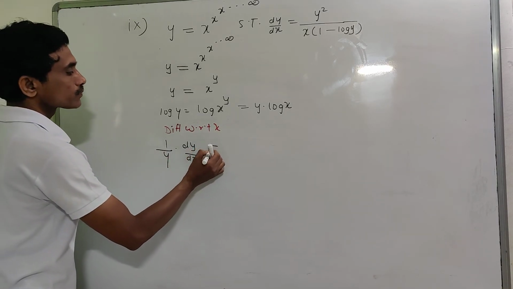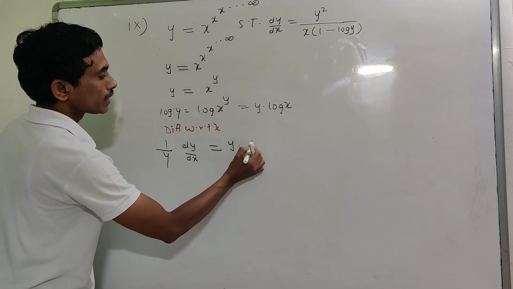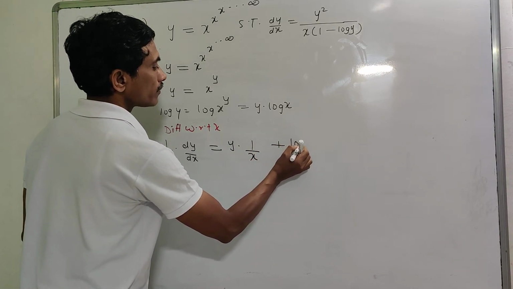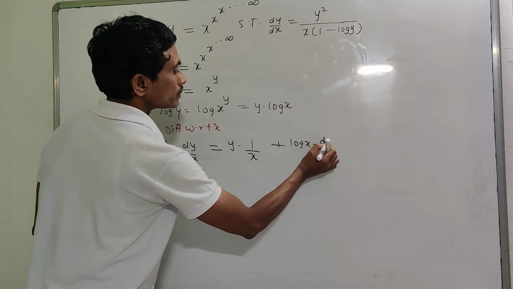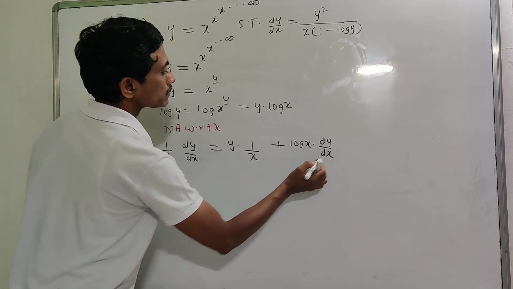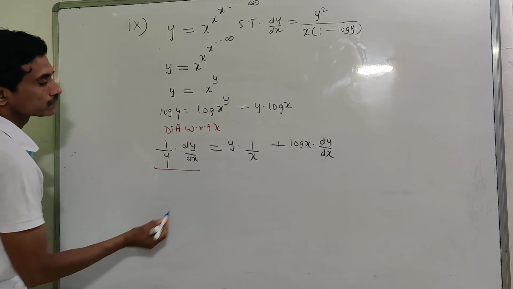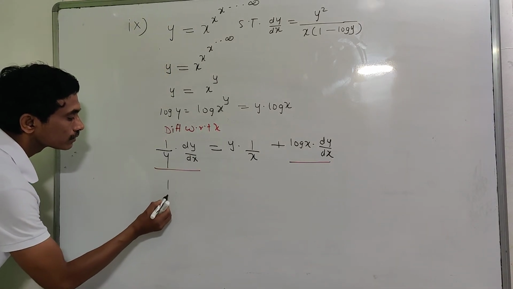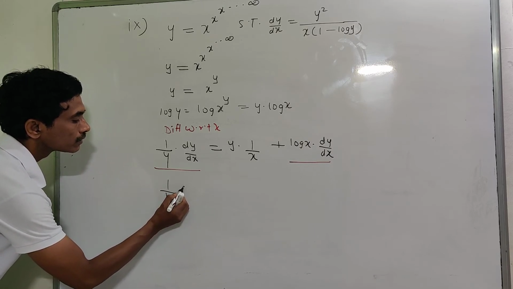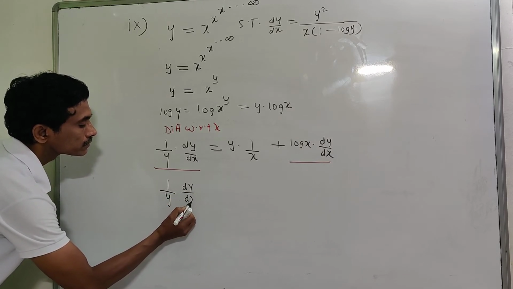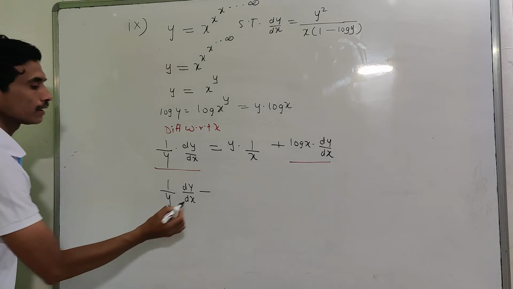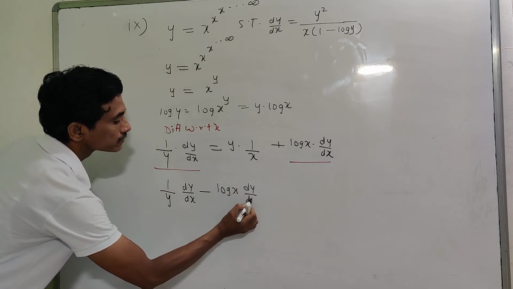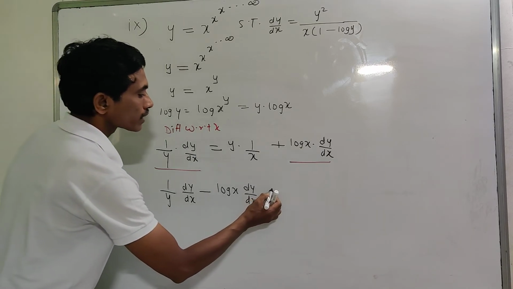The right hand side is the product of two functions: y into derivative of log x, plus log x into derivative of y, which is dy by dx. Now as usual we collect the dy by dx terms. So 1 upon y into dy by dx minus log of x into dy by dx. The right hand side is y upon x only.